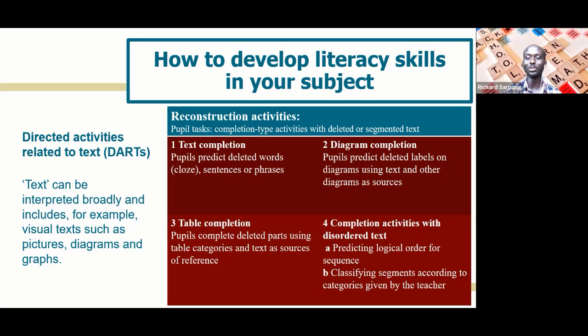You have a table with living and non-living as the categories, and then you have several examples around the table that students can complete. So you insert a few of them, and then you ask students to fill in the blank spaces with the key phrases or key terms or the examples of living and non-living things, and then the tables are completed.